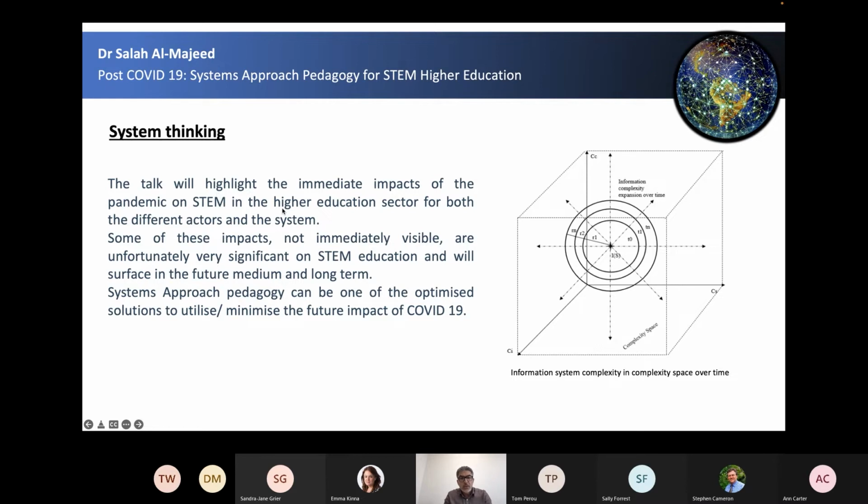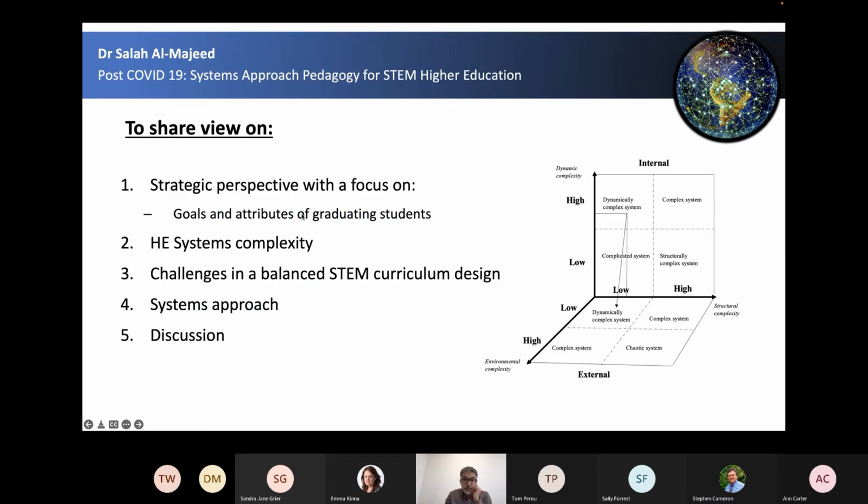So we'll go through these and try to see how those can be addressed, again from that kind of complexity space, into measuring these parameters from a dynamical complex system into a structural one into chaotic systems.